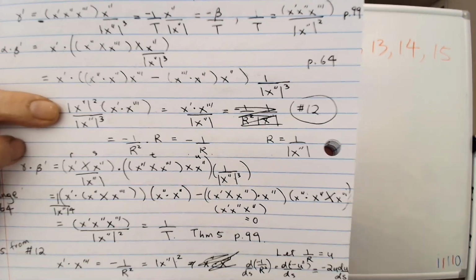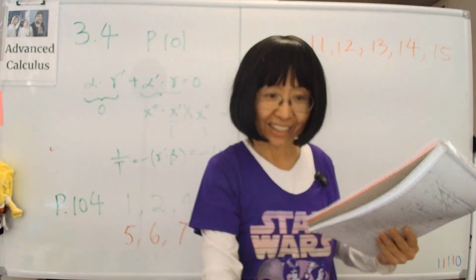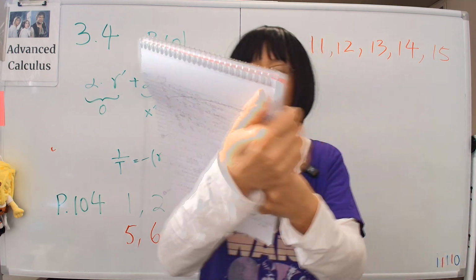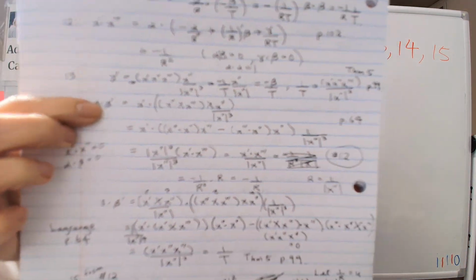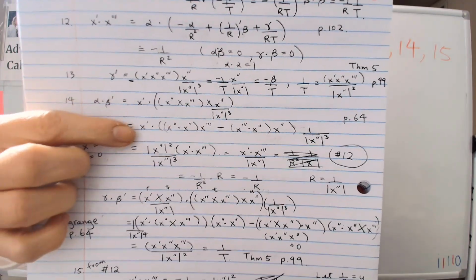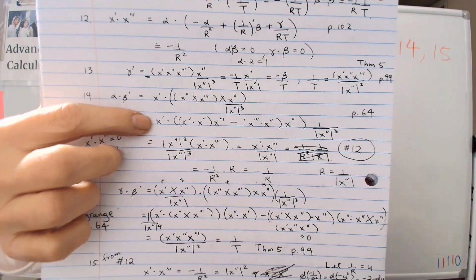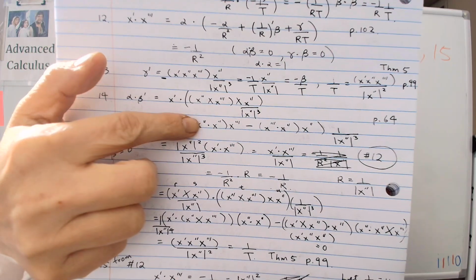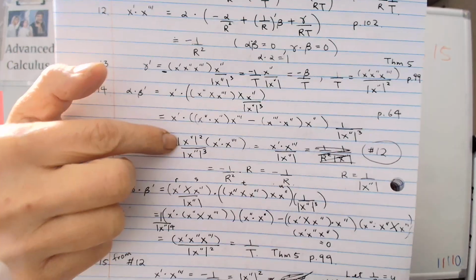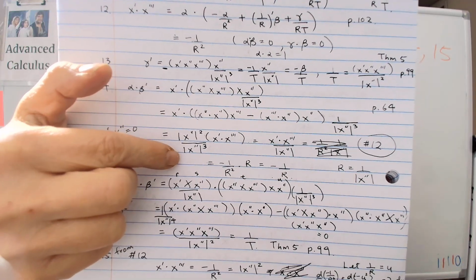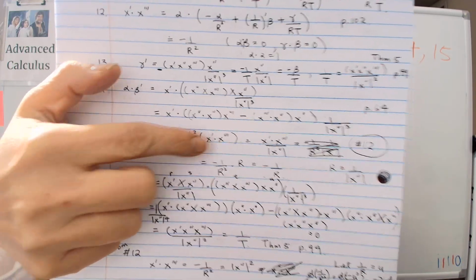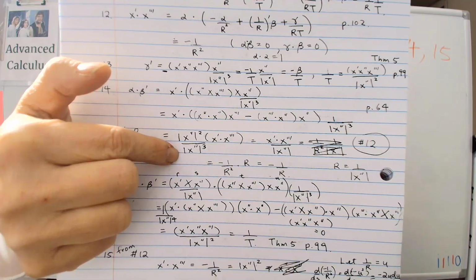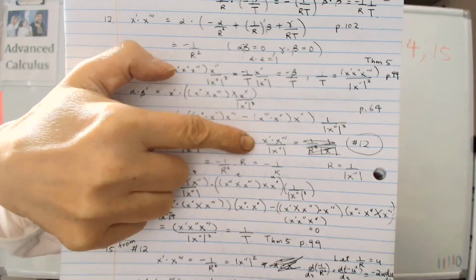It cleans up to be x prime dot x triple prime over there, which I wrote down here. And x double prime dot itself is the magnitude, right? And then there is a dividing by x double prime, which I wrote down here. So we end up with that thing. And what is that thing?